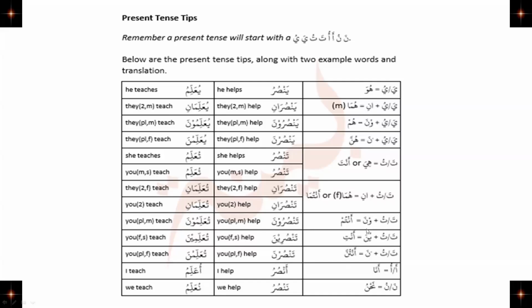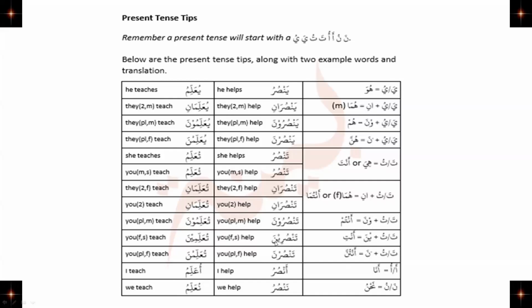And then ta or tu plus una: antum tansuruna, antum tu'allimuna. Ta or tu plus ina is special for anti.